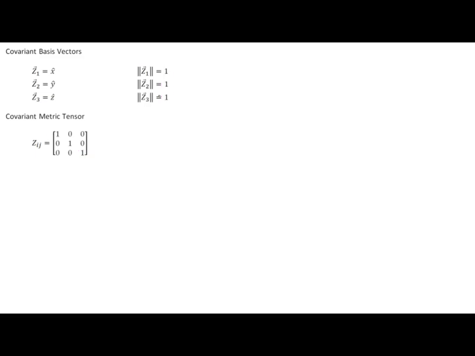All right, next we want to derive the metric equation, and the formula for that is ds squared equals Zij times dzi and dzj. Okay, in theory there are going to be 9 terms here.